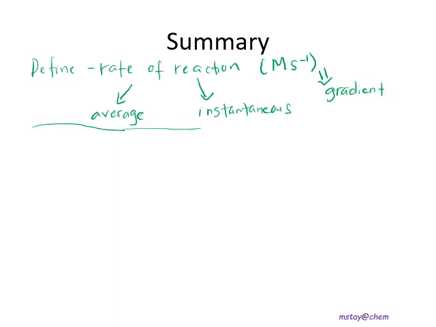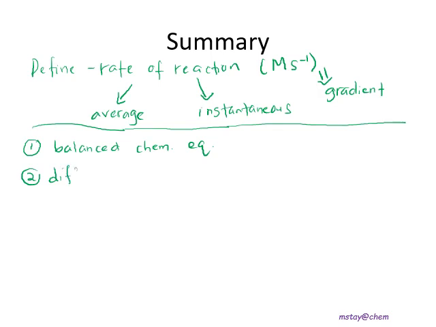Second part, we learned how to write the differential rate equation. Before we can write it, we need to have a balanced chemical equation. Then, based on the balanced chemical equation, you will be able to write the differential rate equation.